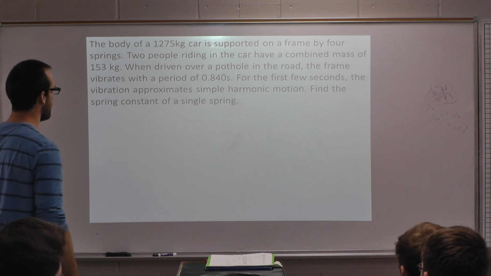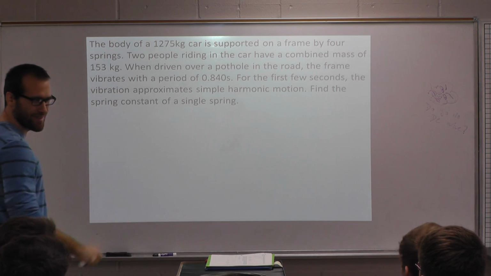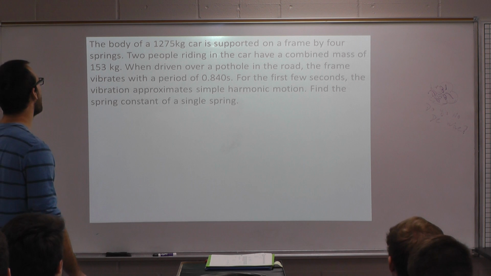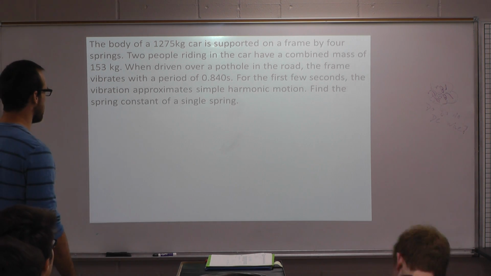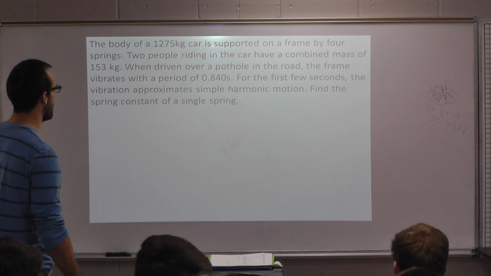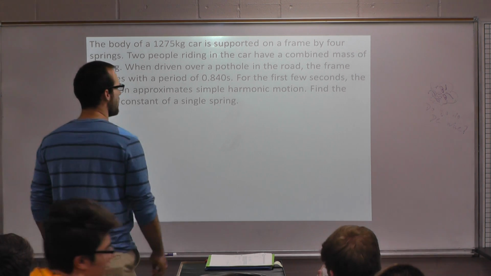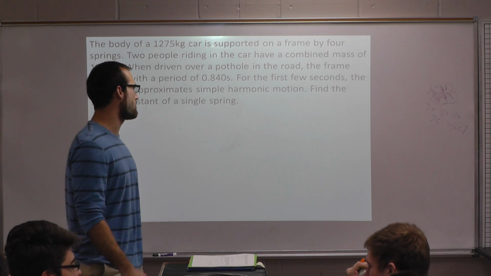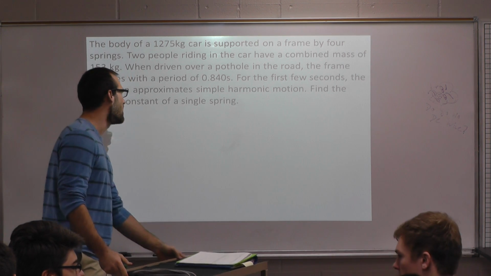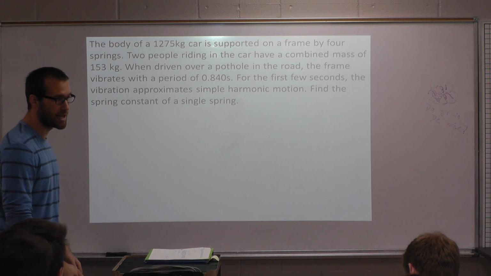Why is that important? Because otherwise you have to add that. When driven over a pothole in the road, the frame vibrates with a period of 0.840 seconds for the first few seconds, then the vibration approximates simple harmonic motion. Find the spring constant of a single spring.